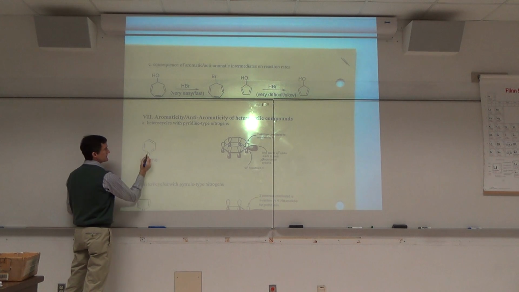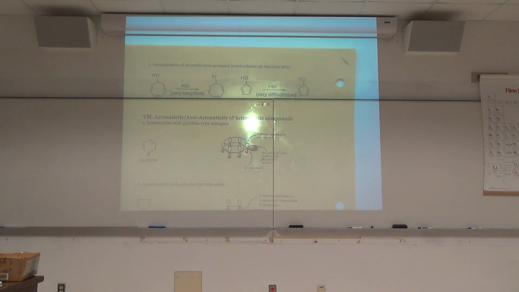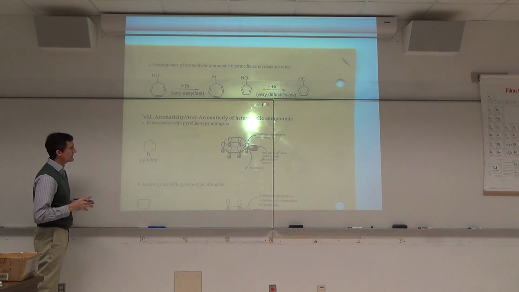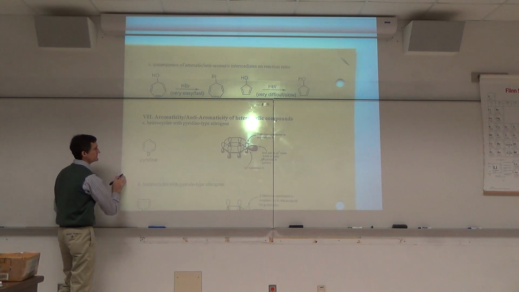It's like a benzene, but it's got a nitrogen instead of a CH. Nitrogen's got a lone pair. Is it aromatic or anti-aromatic, or none? First off, is it a cyclic conjugated system? Yes. What's the hybridization of the nitrogen?